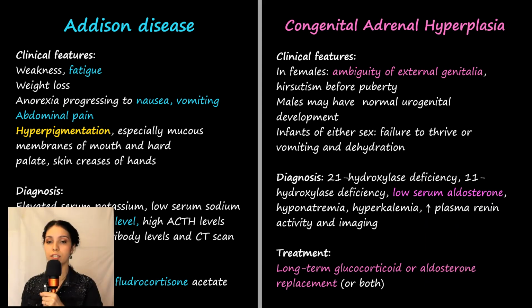The term congenital adrenal hyperplasia gathers a group of autosomal recessive disorders, each of which involves a deficiency of an enzyme involved in the synthesis of cortisol, aldosterone, or both.